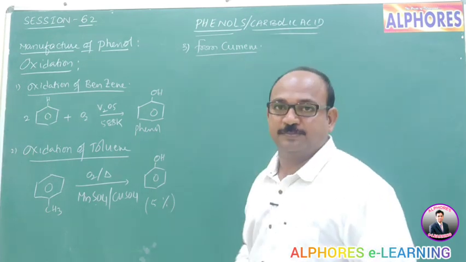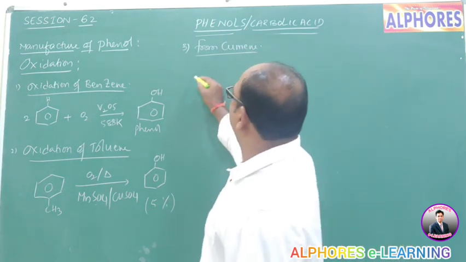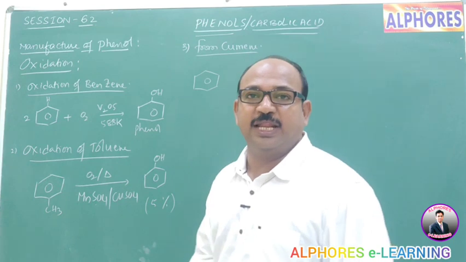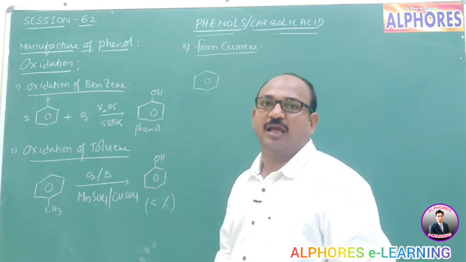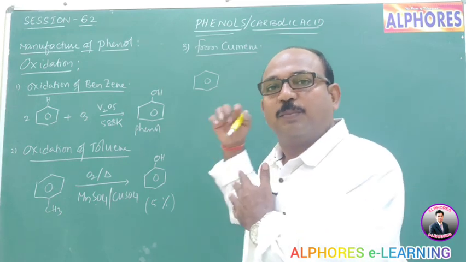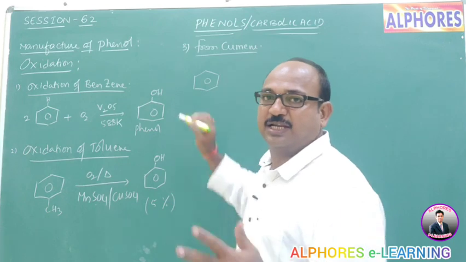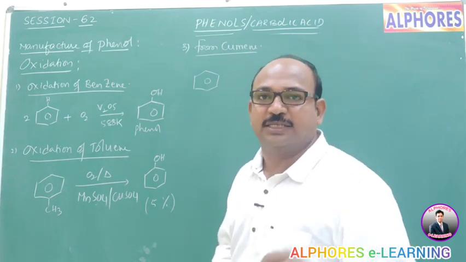And from cumene, which is nothing but isopropyl benzene: benzene upon Friedel-Crafts reaction with alkyl halide or alcohol or propene, any one reagent, undergoes alkylation. That is what we call Friedel-Crafts alkylation.